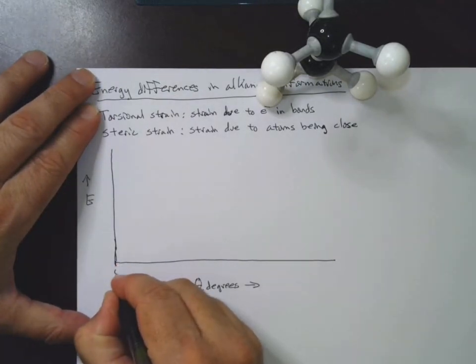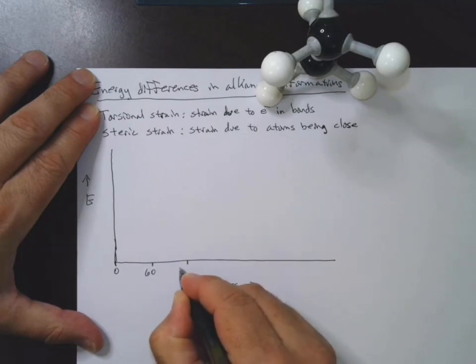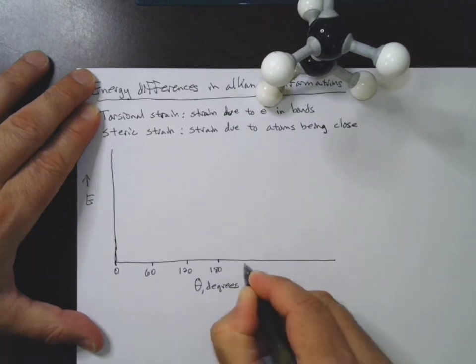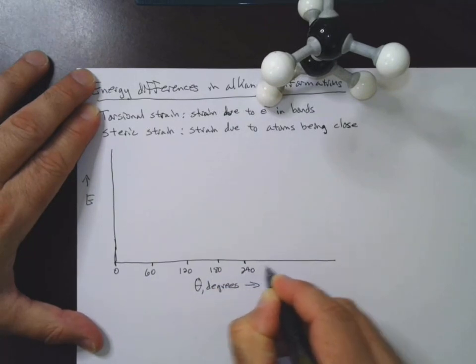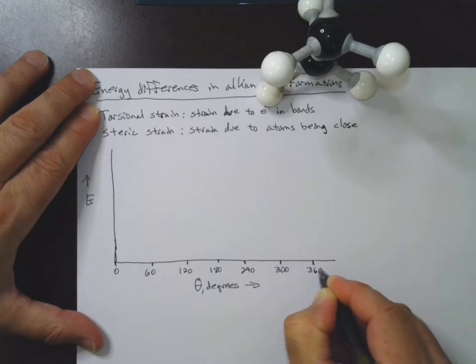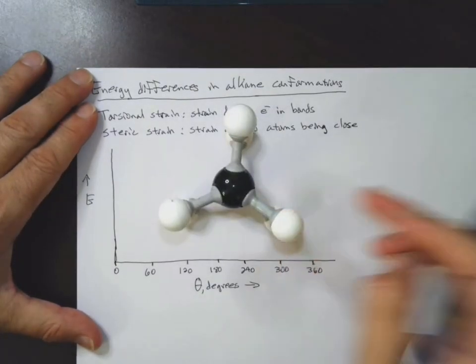So we'll start at 0, and we'll go 60, 120, 180, 240, 300, and then 360 brings me back to where we started.